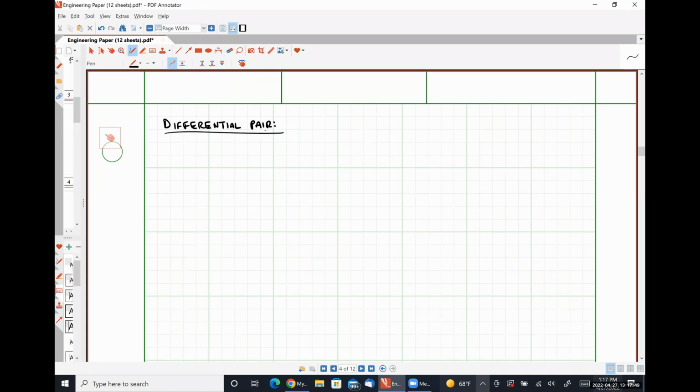So for our high frequency response of our differential pair, and again, we're only going to look at high frequency response because we're dealing with an integrated circuit.